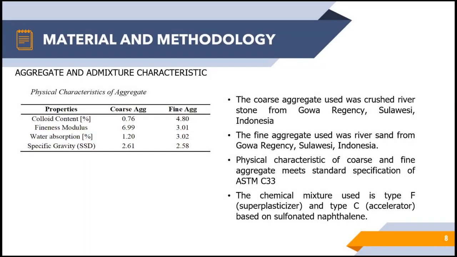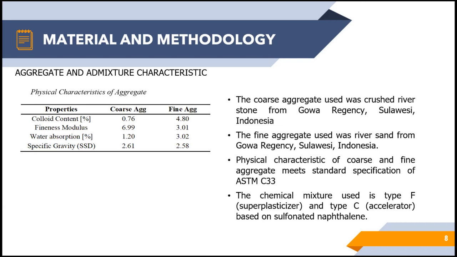Next, the aggregate and admixture characteristics. For the coarse aggregate, we use crushed stone from Goa in Sulawesi, Indonesia. And for the sand or fine aggregate, we use material from Goa Regency, Sulawesi, Indonesia.